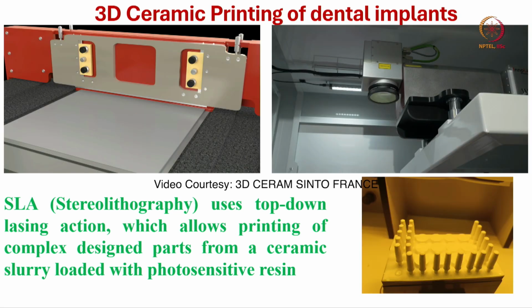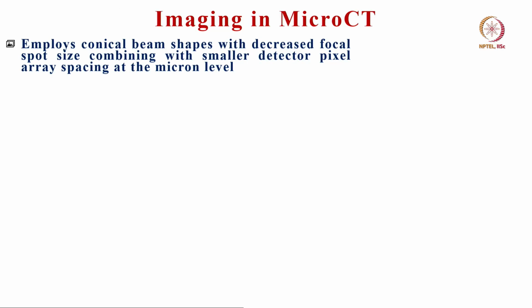At the end of the 3D printing experiments, what you see are dental implants. Multiple dental implants can be manufactured in a single shot. These dental implants are made of yttria stabilized zirconia, or it can be zirconia toughened alumina, but any time you change the ceramic material, your binder formulation will also be different, and therefore you have to adjust the other 3D printing related parameters.